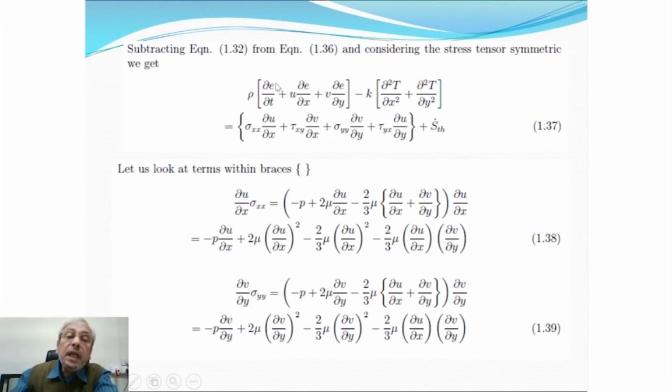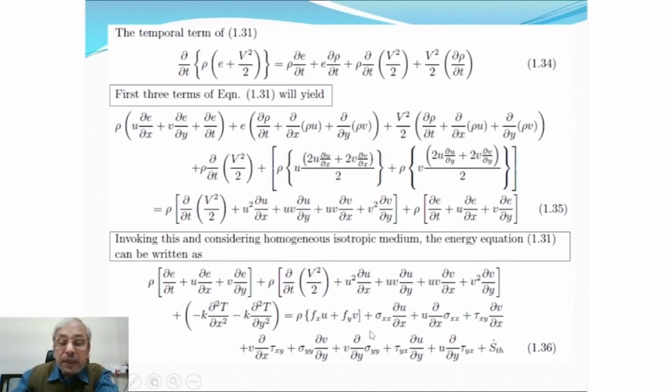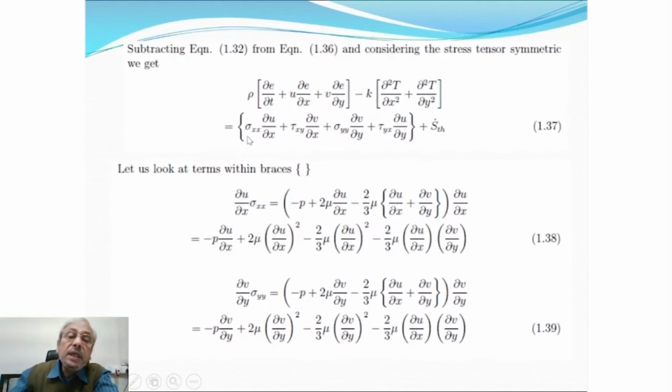Plus k(∂²T/∂x² plus ∂²T/∂y²). And the right hand side, after the mechanical energy part is subtracted, we will be left with σxx ∂u/∂x plus τxy ∂v/∂x plus τyy ∂v/∂y plus τyx ∂u/∂y. And the volumetric energy generation term, the volumetric heat source, will be there.